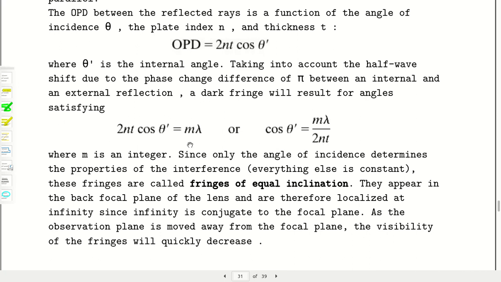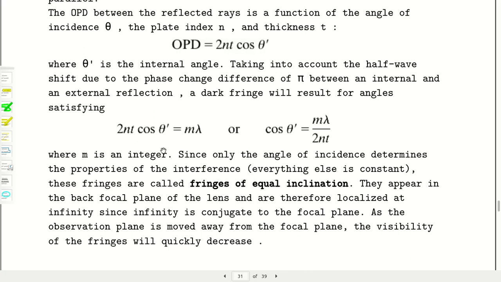Here, due to the Stokes theorem, the condition gets reversed, and the condition for a dark fringe is m lambda, where m is the mth order of dark fringe, and cos theta prime is equal to m lambda by 2nt.